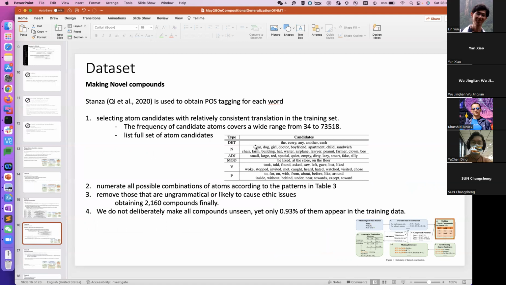If that is the case, there should be a huge number of compounds shared between the training and testing data. Which contradicts the fact that less than 1% of the compounds are shared between the 2 data sets. Oh, maybe because it grows exponentially.